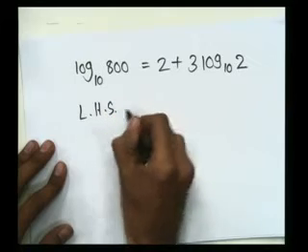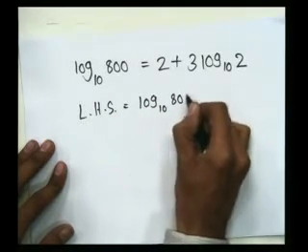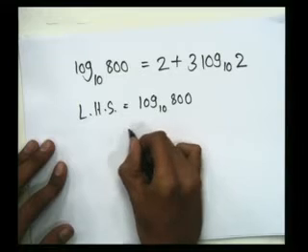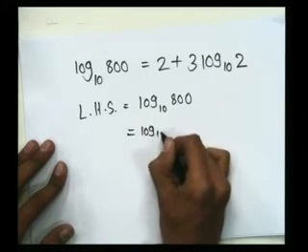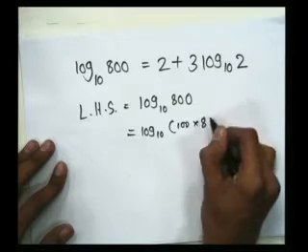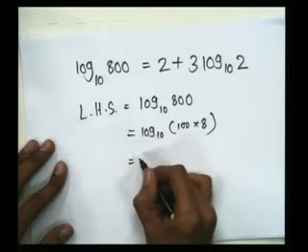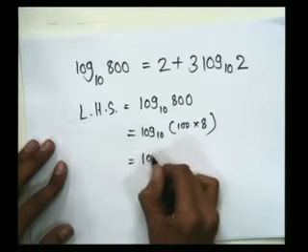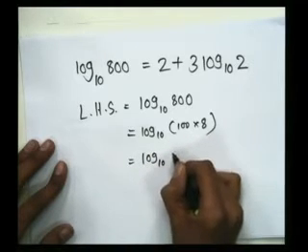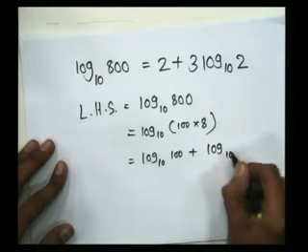LHS is given, log base 10 of 800. This we can write as log base 10 of 800, which can be written as 100 into 8. So log a into b, using the property of logarithm, one can write log a plus log b, that is log base 10 of 100 plus log base 10 of 8.